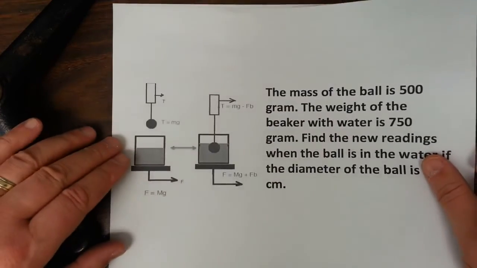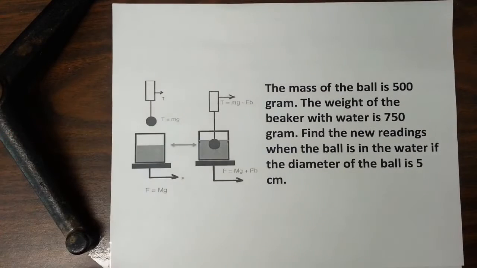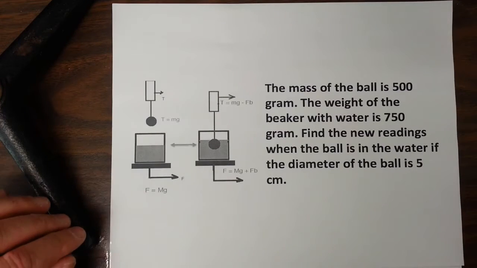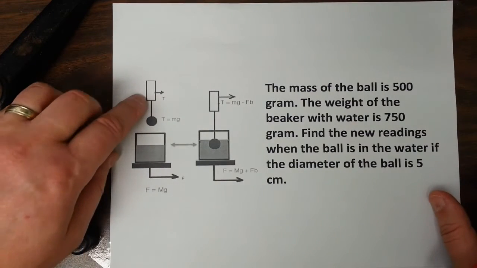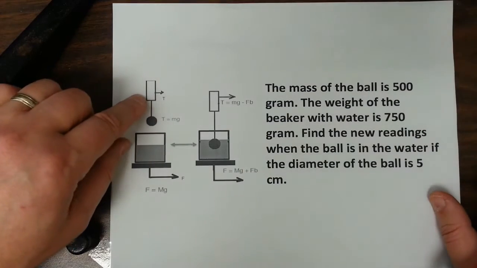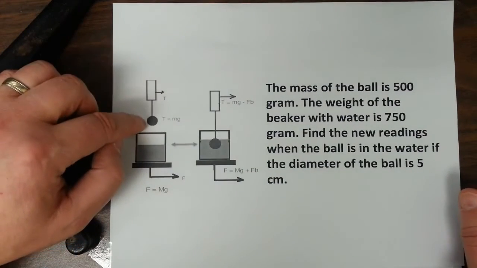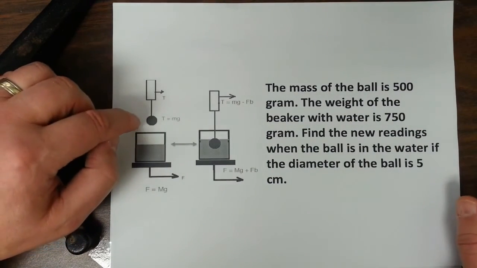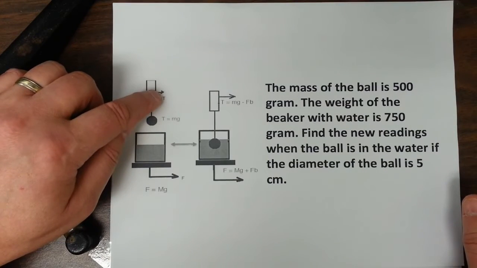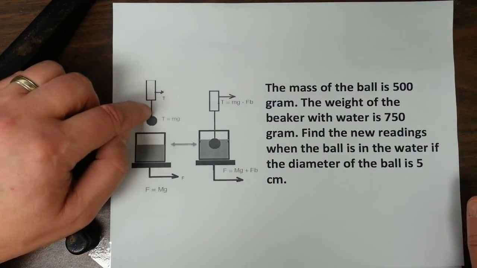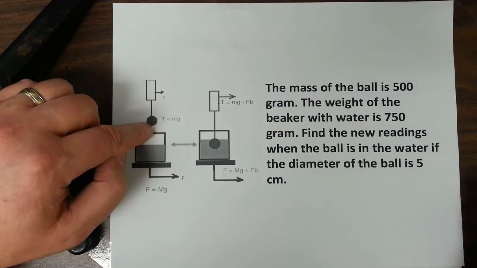And that's another slide. When an object is attached to a spring scale and the object is in vacuum or in air, the reading is equal to the tension, which is equal to the force of gravity acting on this object.